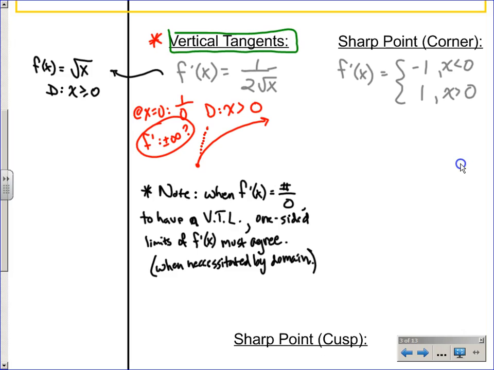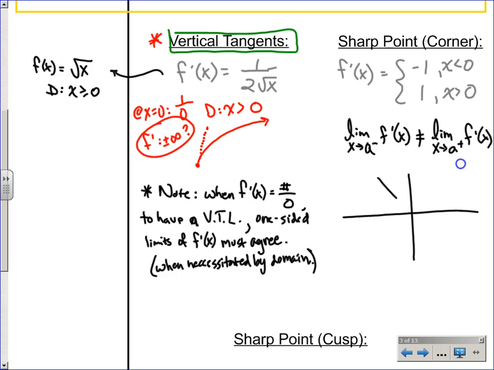It's basically when the limit as x goes to a from below of f prime of x does not equal the limit as x goes to a from above. When the one-sided limits do not agree, that's when you're going to have a sharp point. When the one-sided limits of the derivative do not agree, which this one as I go towards 0 from below or towards 0 from above, it's not going to work.